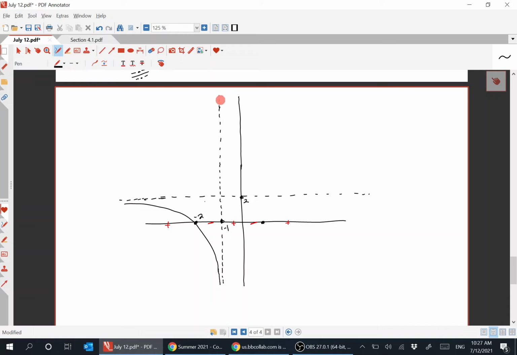Now I've got vertical asymptotes here, and we're positive. So the only thing that can happen is something like that. Right, it's going to have to decrease and then increase. Not a whole lot of space to draw that, is there?